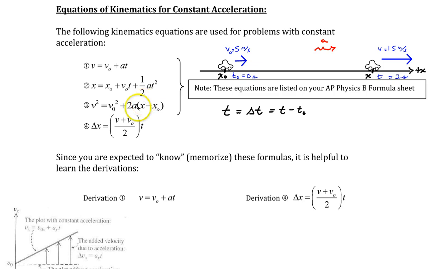Sometimes in the equations you'll see x minus x sub 0. This is also rewritten as simply delta x, which is the final position minus the initial position. Just like we learned earlier, the change in velocity would be the final velocity minus the initial velocity.